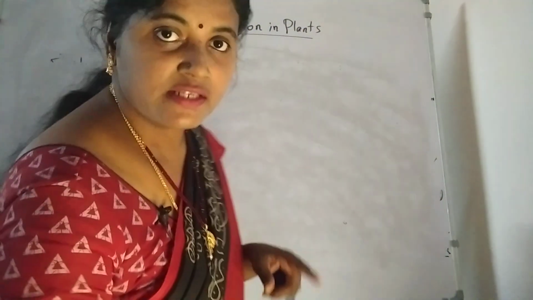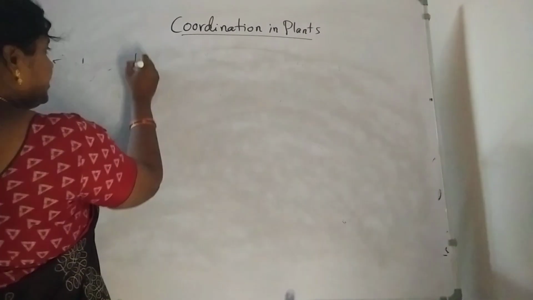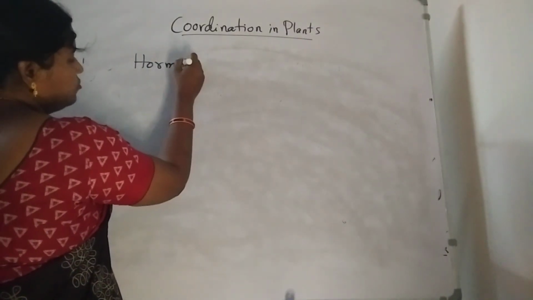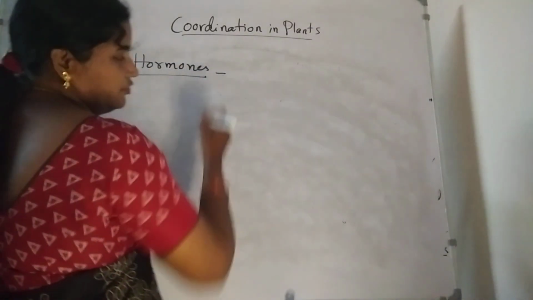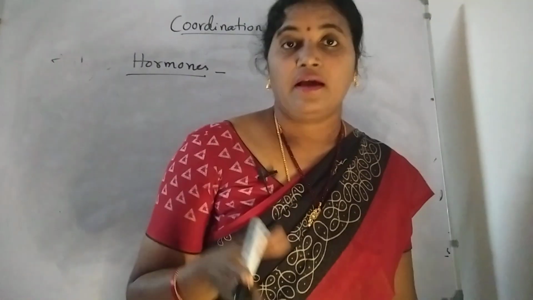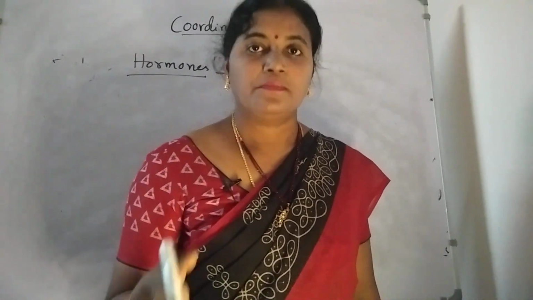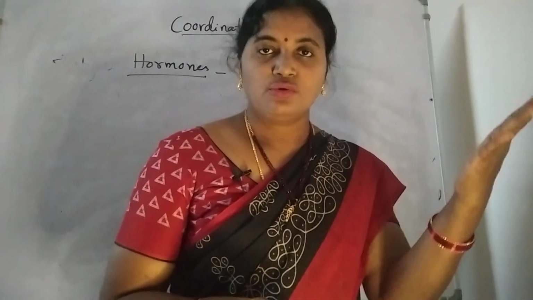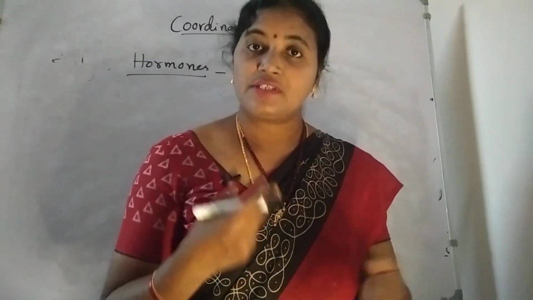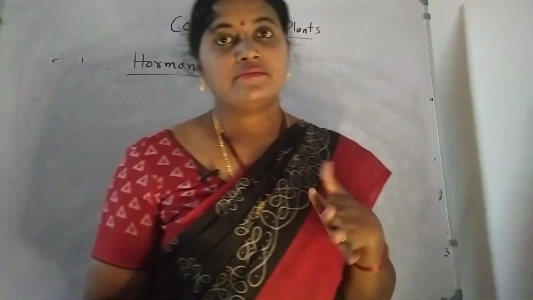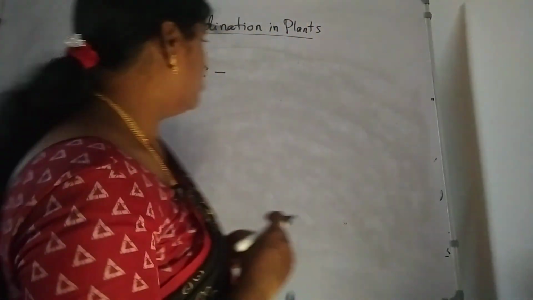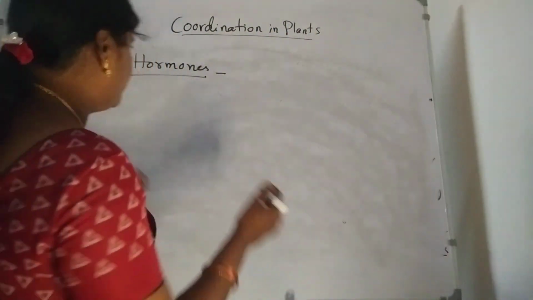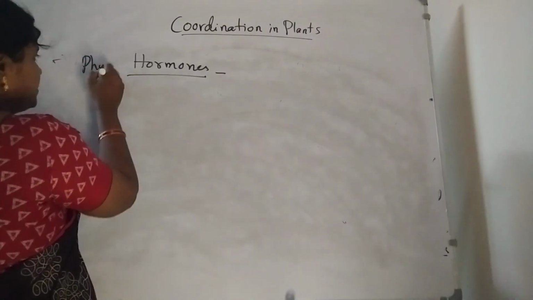Plants also contain specialized hormones, phytohormones. The hormones are responsible for communication. Though they don't have nerves and an endocrine system, they have hormones for communication, for growth, for ripening of the fruit, for seed germination. There are different types of phytohormones, which I am giving for your information.